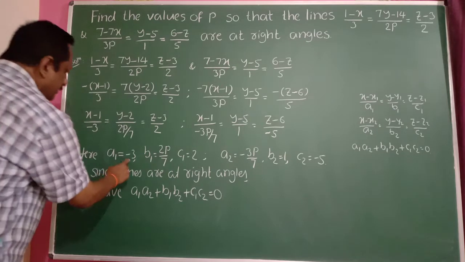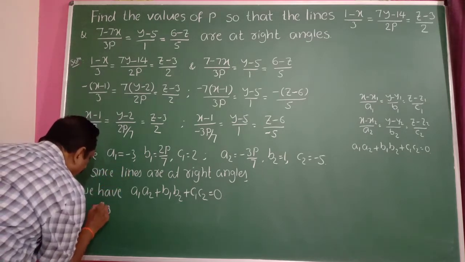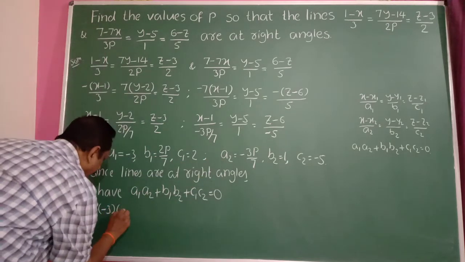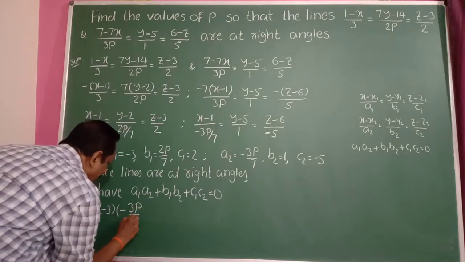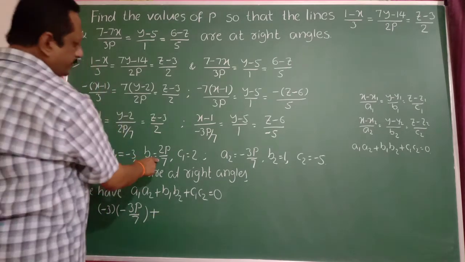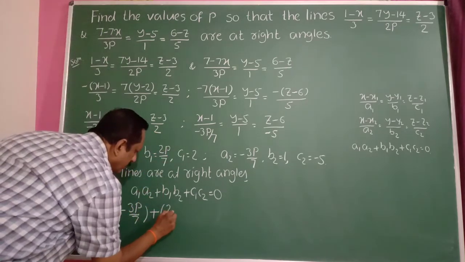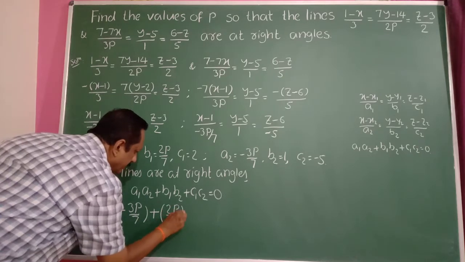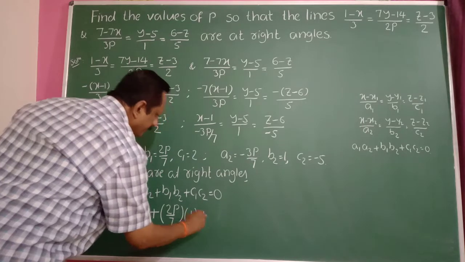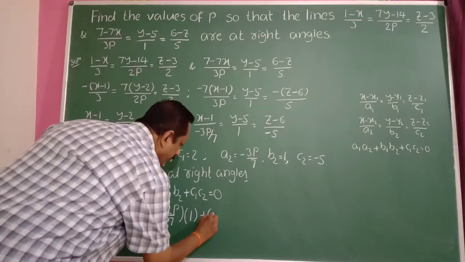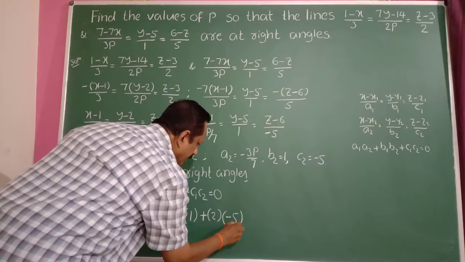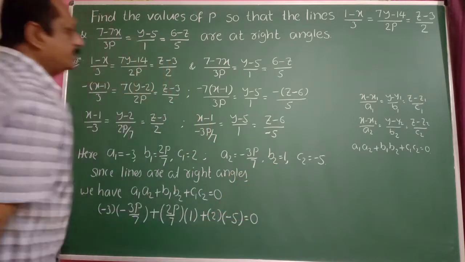The a1 value is minus 3 into a2, which is minus 3p divided by 7, then plus b1, which is 2p divided by 7, into b2, which is 1, then plus c1, which is 2, into c2, which is minus 5, is equal to 0.